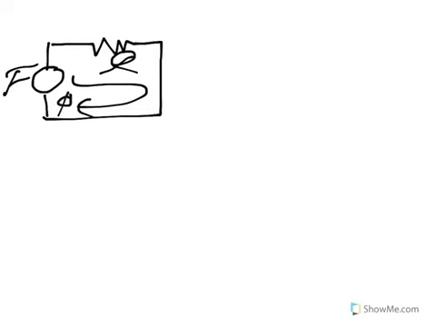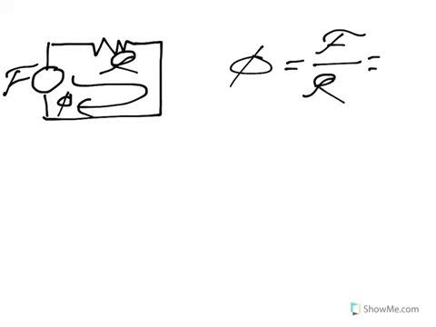Then according to Ohm's law, phi is the magnetic force divided by reluctance, or we can say Ni by reluctance. This is what we can say.